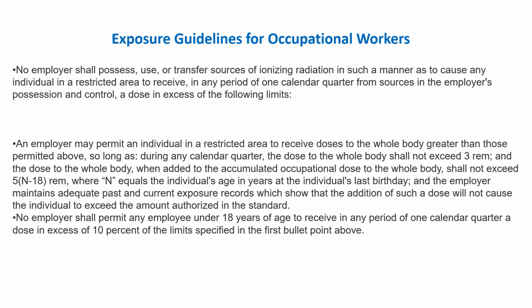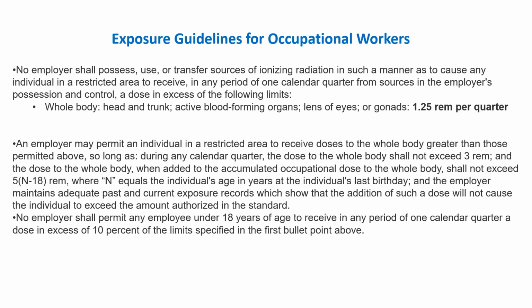Let's take a look at the occupational guidelines to demonstrate what I'm talking about. No employer shall possess, use, or transfer sources of ionizing radiation in such a manner as to cause any individual in a restricted area to receive, in any period of 1 calendar quarter from the sources in the employer's possession and control, a dose in excess of the following limits.